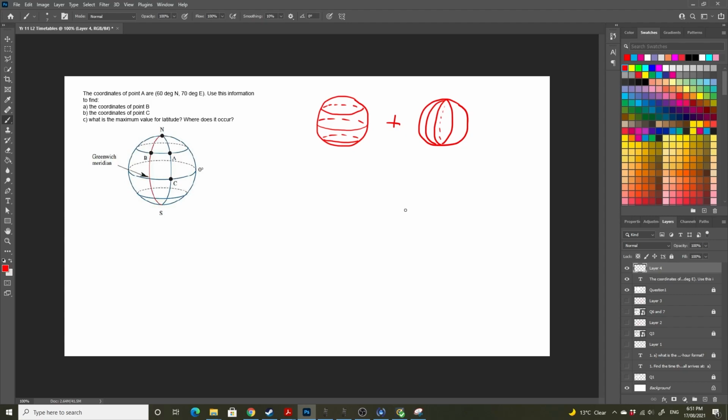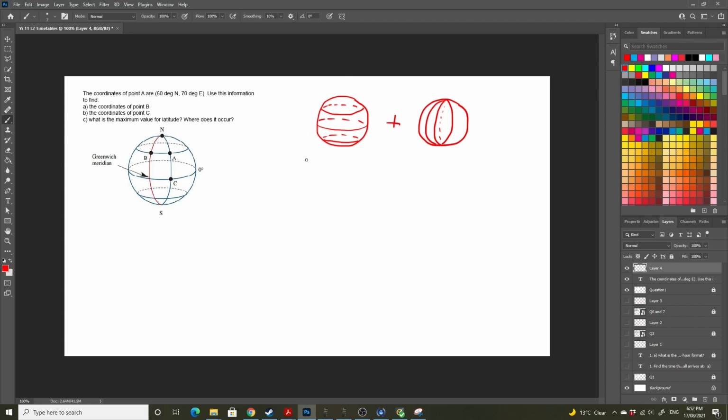We get the measurements for latitude and longitude based on an angle between the Earth's center and either the parallels of latitude or the meridians of longitude.